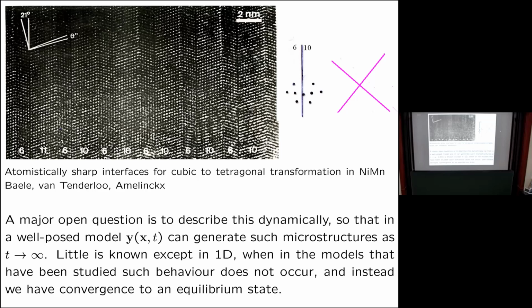Now, little is known about this except in one dimension, when in the models that are being studied, that doesn't happen. Instead you have convergence to an equilibrium state. Unfortunately, I'm going to be in one dimension. I'll make a few comments just at the end, but the issue is going to be whether you can prove convergence to an equilibrium state.